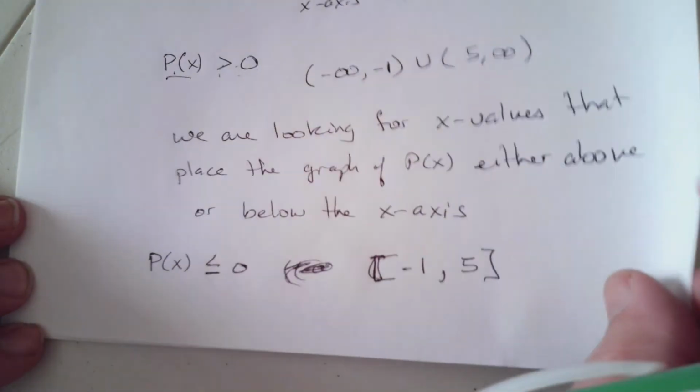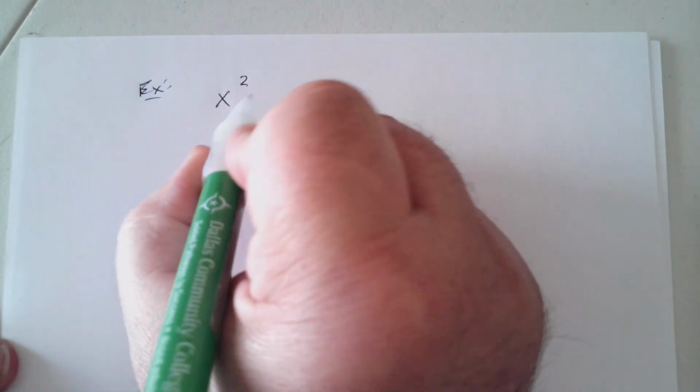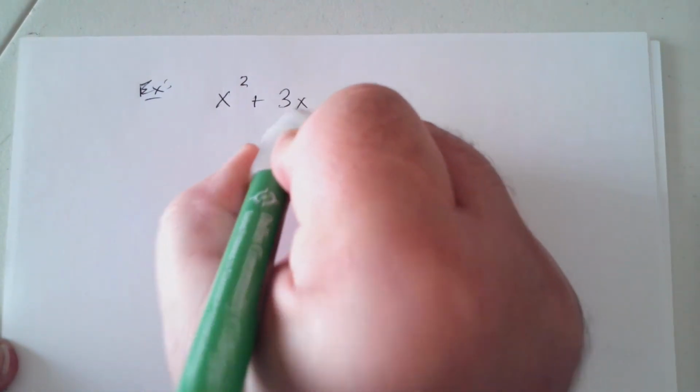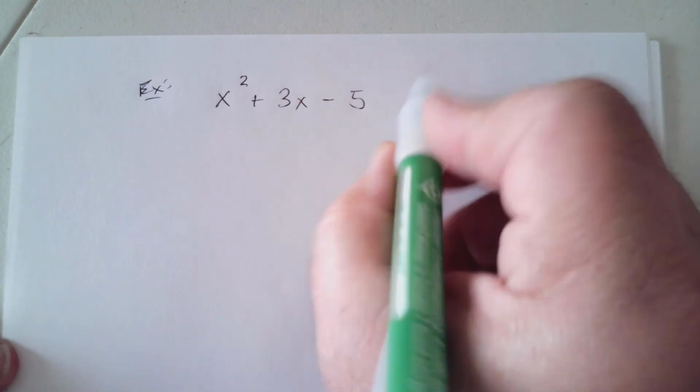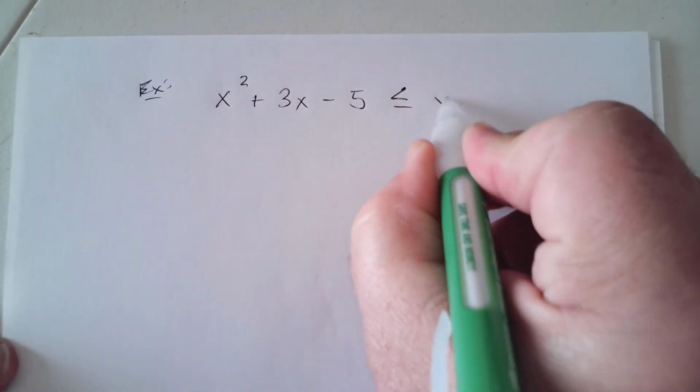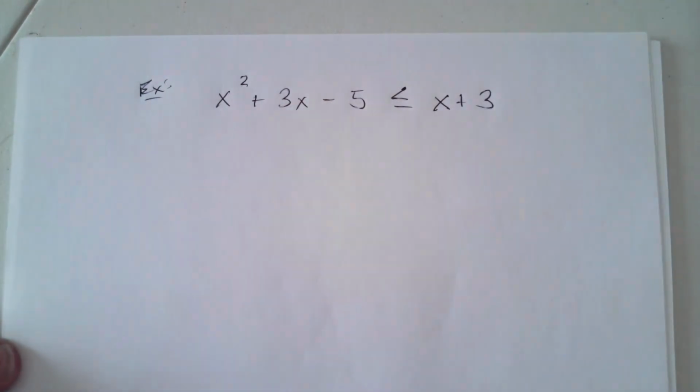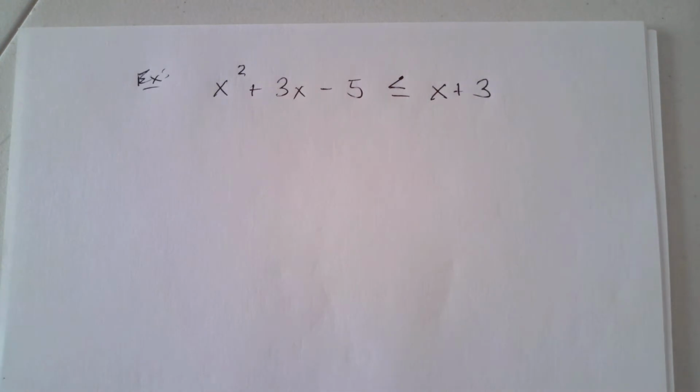All right, let's look at some examples here. x squared plus 3x minus 5 is less than or equal to x plus 3. Here we're going to use the same things we did earlier in the semester.